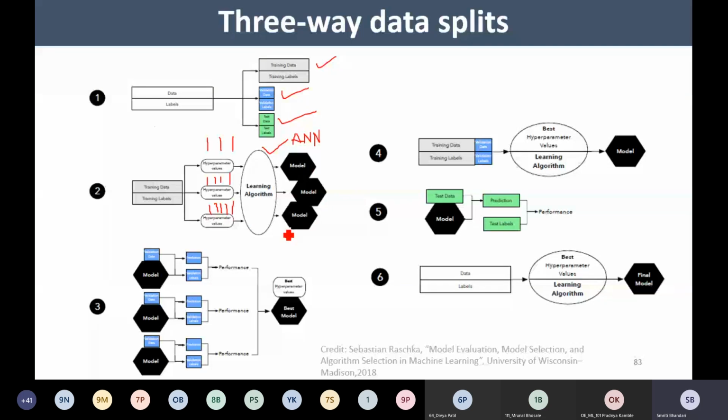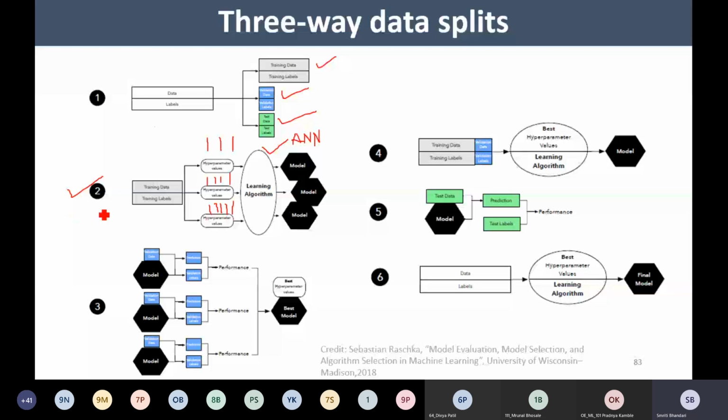So in step number 2, what I am going to do is I am going to experiment with various different sets of hyperparameter values for the learning algorithm. Okay, and now after experimenting with the training data, I am fitting the model. And this is how I come up with 3 different models, right?